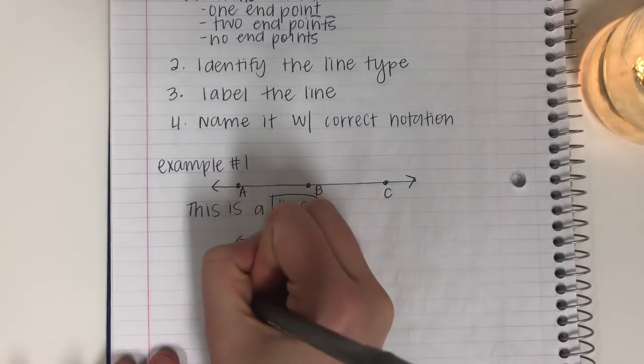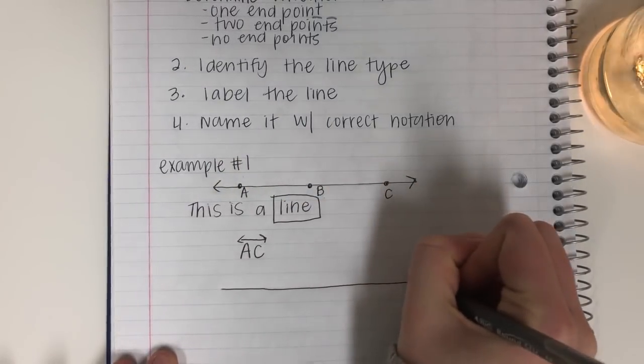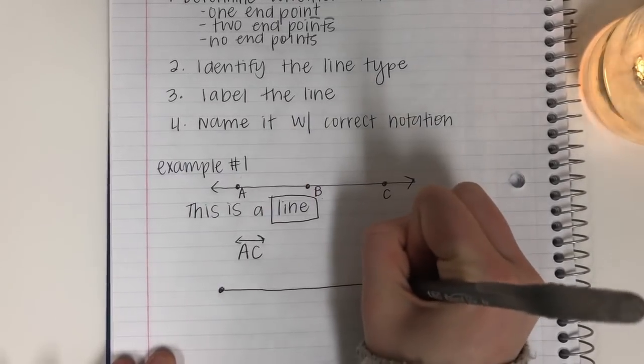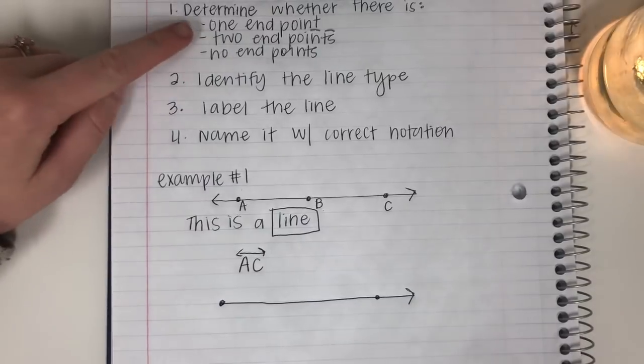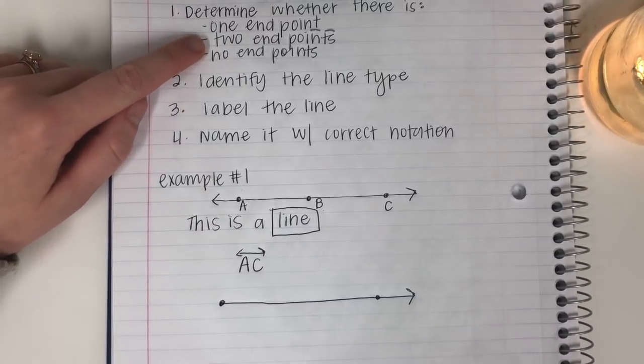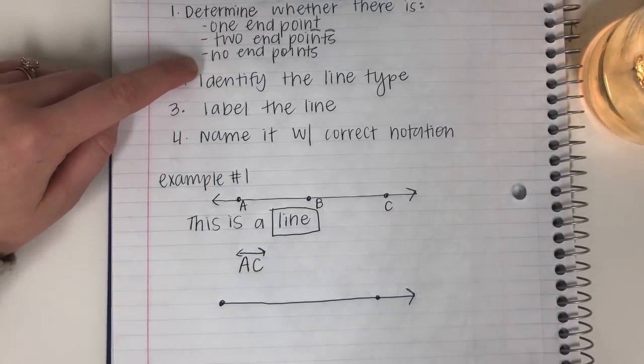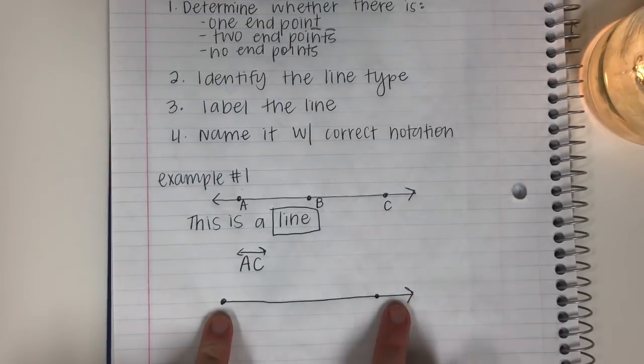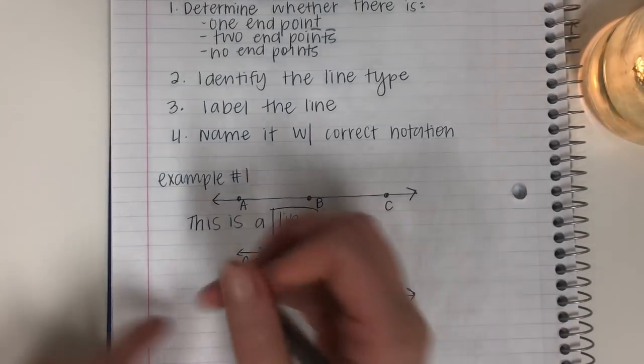Okay, let's do another one. Let's say that we have this one. First thing I have to ask myself, does it have one endpoint, two endpoints, or no endpoint? This one has one endpoint, so that tells me that it is a ray because it has one endpoint, but it has another end that goes on forever.